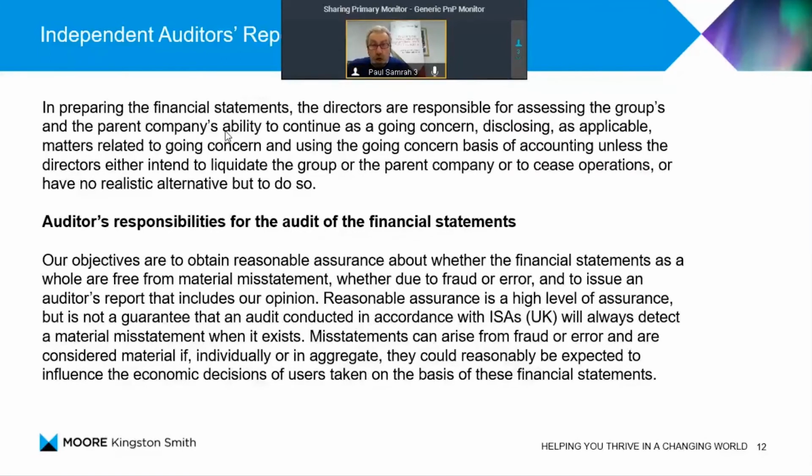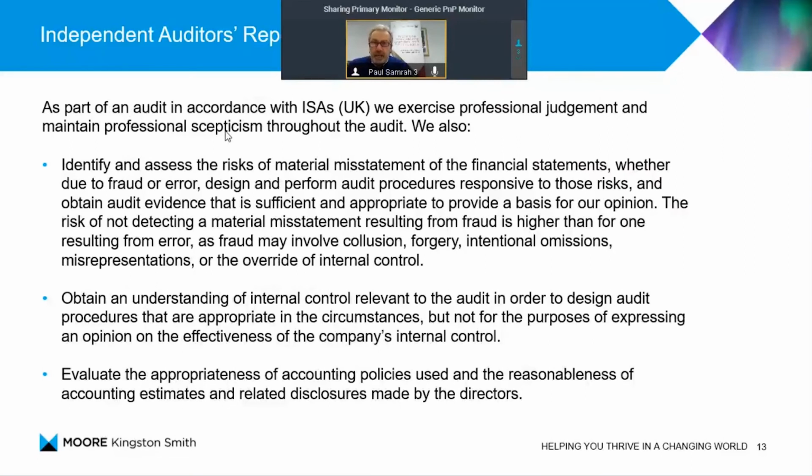So we recognise what our responsibilities are, having stated what the director's responsibilities are, and then it carries on, so far as understanding how the processes work within the accounting department and processes of the client. We understand the internal controls, and we have evaluated the appropriateness of accounting policies.